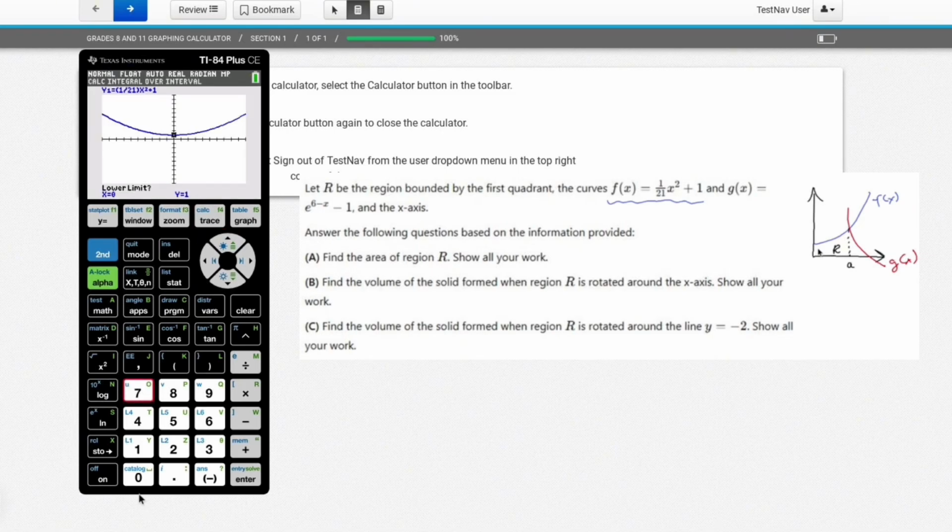So lower limit is 0. Hit enter. Upper limit is 4.861. Hit enter, and it fills it in for you. And what we get is 6.684.